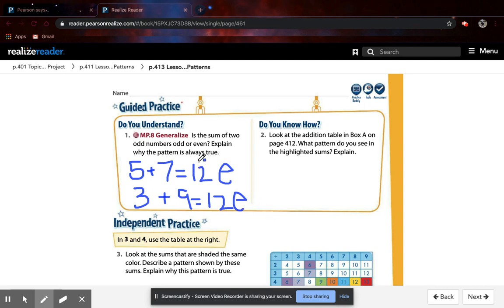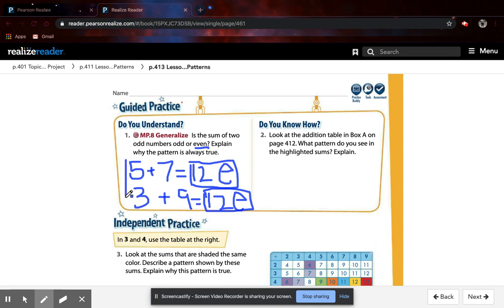And yes, I got the same sum, so I could have done a different equation overall to show you a different sum, but is the answer always even or is it always odd? Looking at this here, I can see that 12 is even, and then my other answer happened to be 12 as well, and that's also even. So it's always even. And explaining why the pattern is true, again, you can use an equation for this.